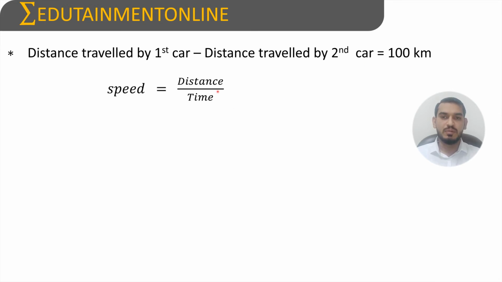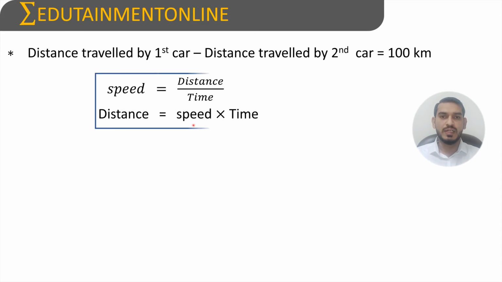Now the distance traveled by the first car minus the distance traveled by the second car is 100 kilometers. We know that speed is equal to distance by time, so distance is equal to speed multiplied by time. Now we have the speed of the first car as x and the speed of the second car as y, and for both the time here is 5 hours.